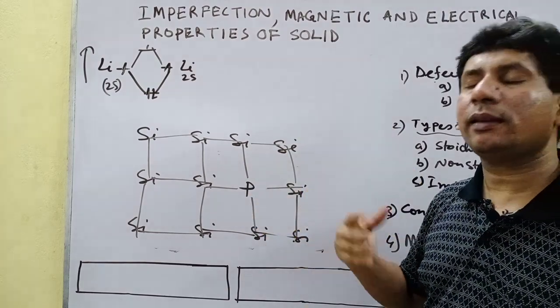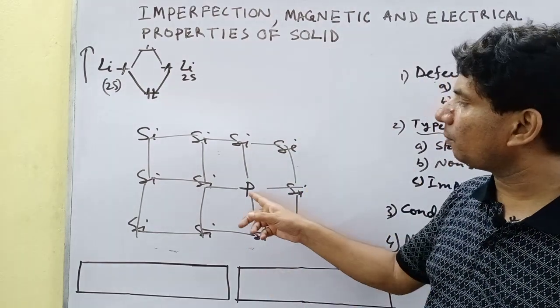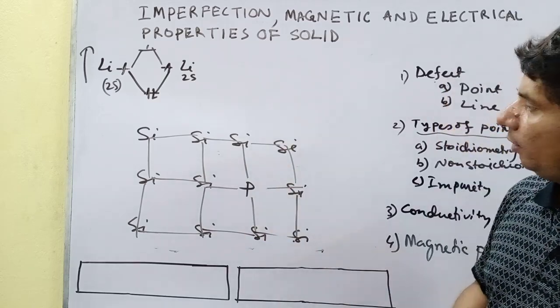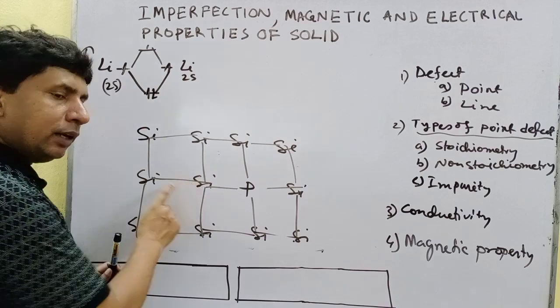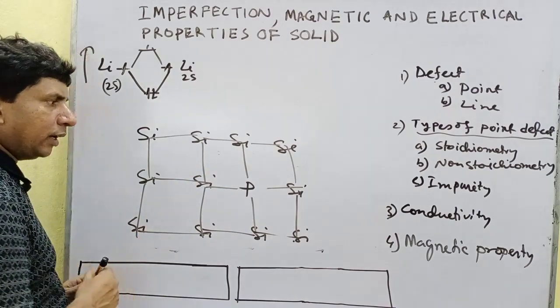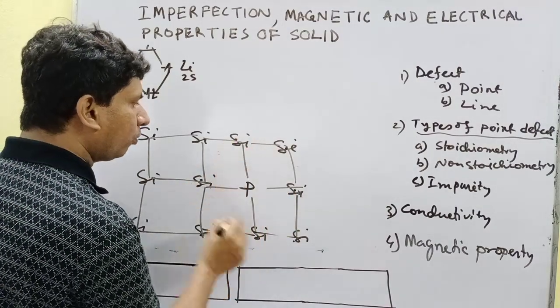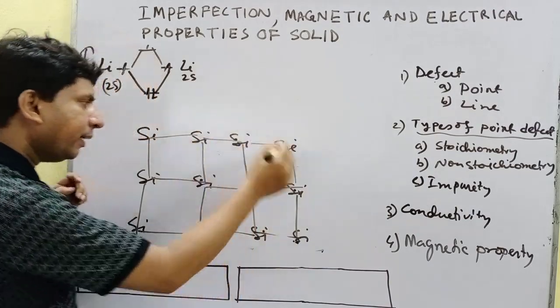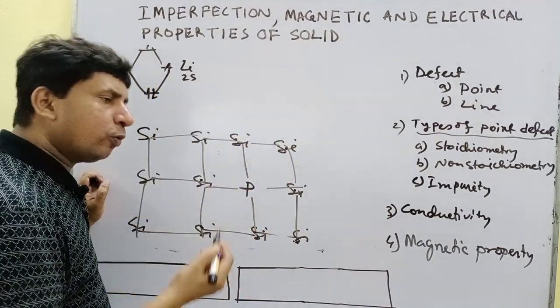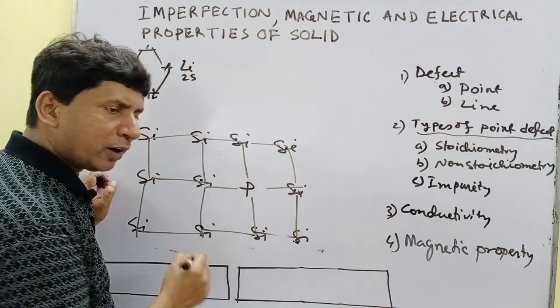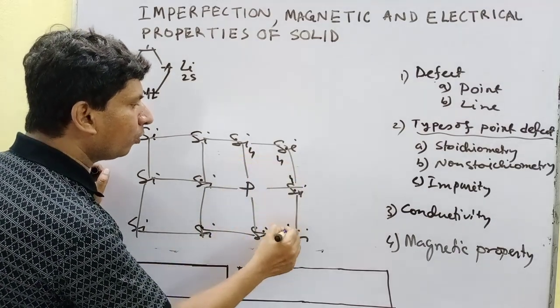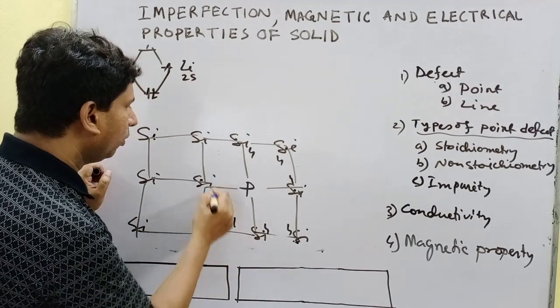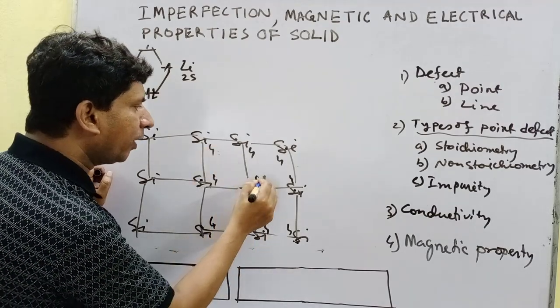Why is it appropriate? Because if I add phosphorus here, we will see that silicon has 4 electrons in the outermost shell, 4, 4, 4, 4, but phosphorus contains 5 electrons.